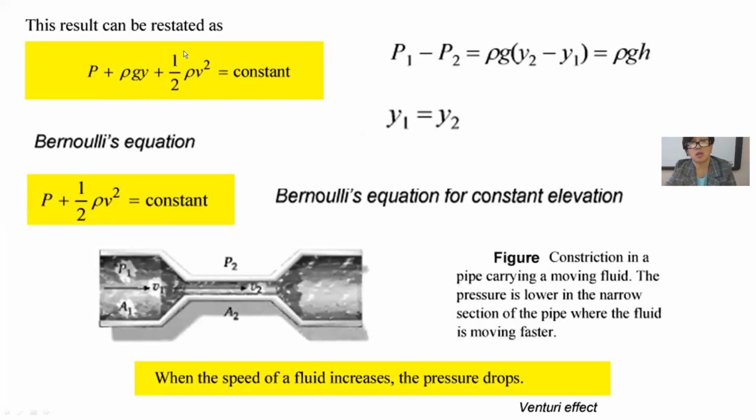This result can be written as P plus rho g y plus rho v squared divided by 2 is a constant.